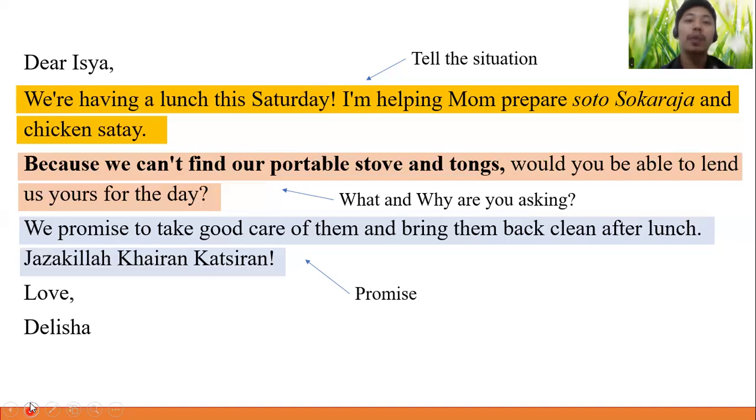Okay? And then why you need the items. Kenapa itemnya itu harus pinjam? You have to tell the reason why you have to borrow the item from someone else. Maybe you cannot find your own, maybe you don't have yours, or maybe karena alasan lainnya, misalkan tidak punya ataupun alasan-alasan yang memang bisa disebutkan di situ.